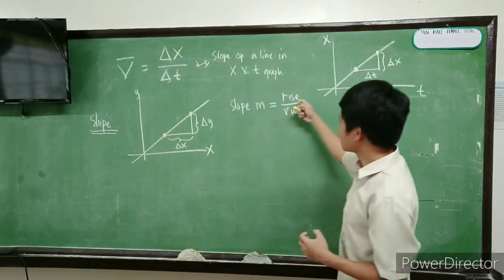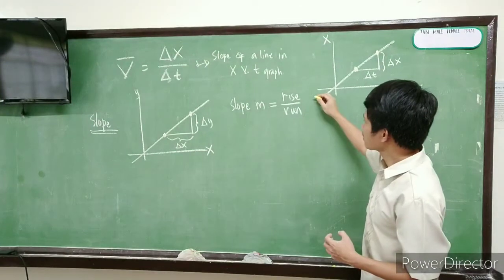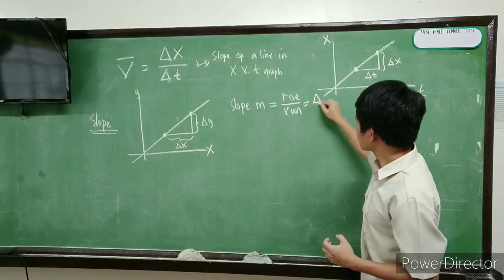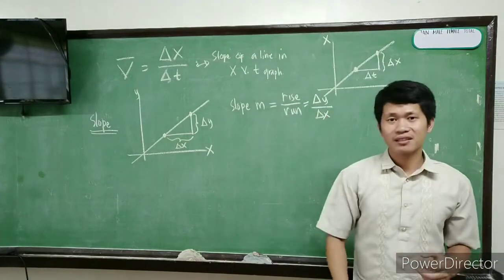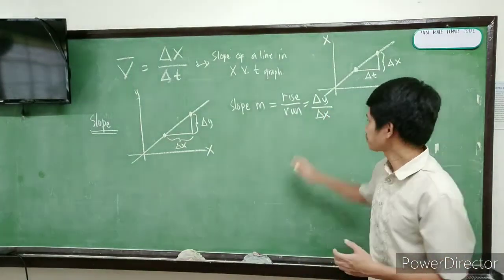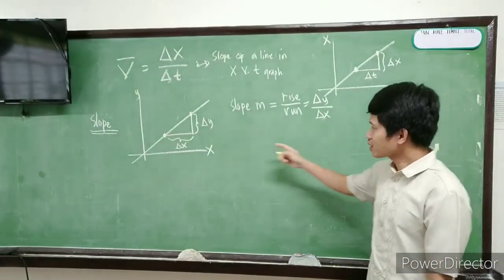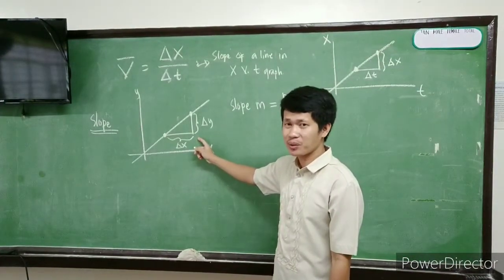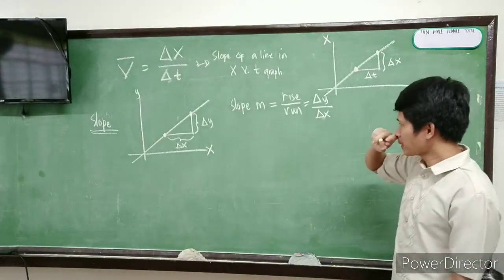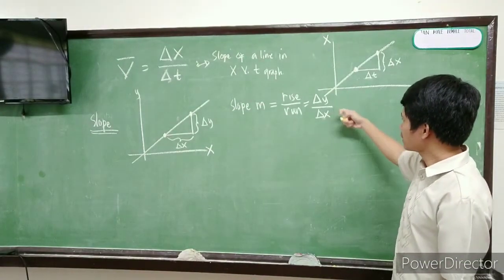Okay. Yung rise daw would be delta y over delta x. Okay ba yan? What else? Itong slope na ito class, itong graph na ito, has a positive slope. Okay? Paano nangyari yun? Kasi delta y over delta x.